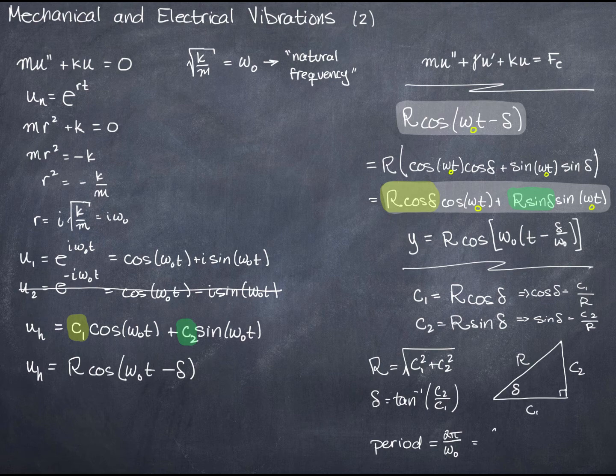If I write that as 2 pi over, remember omega naught, we said, was the square root of k over m. So let's write that as 2 pi over (k over m) to the 1/2 power, and that becomes 2 pi times (m over k) to the 1/2 power.